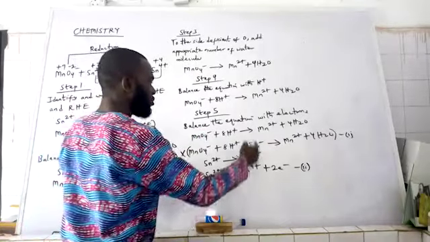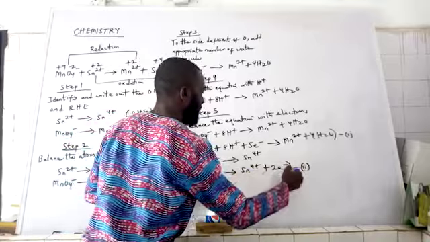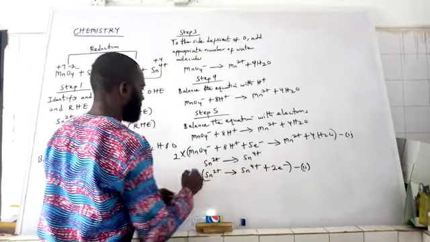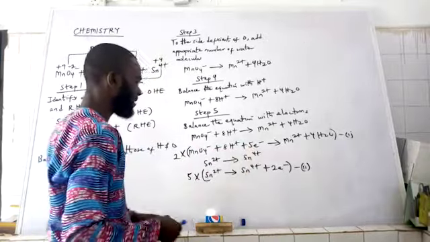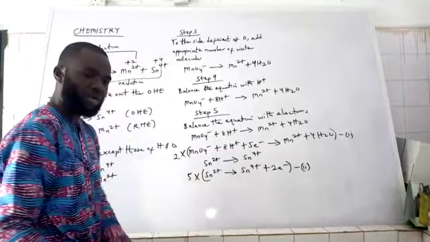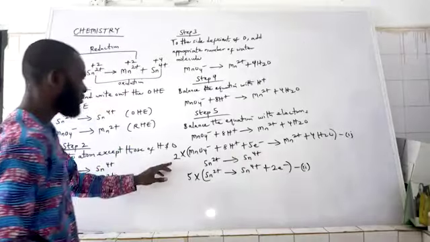Then multiply this equation by what? By 5. So that 2 times 5 is going to give me 10, 5 times 2 is going to give me 10.